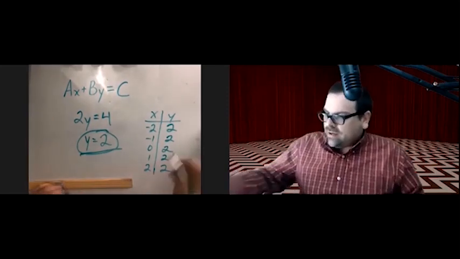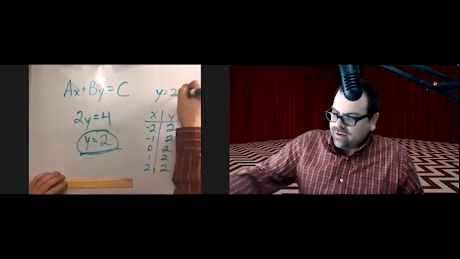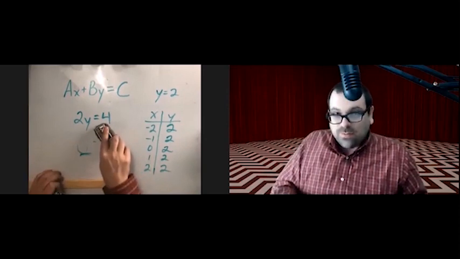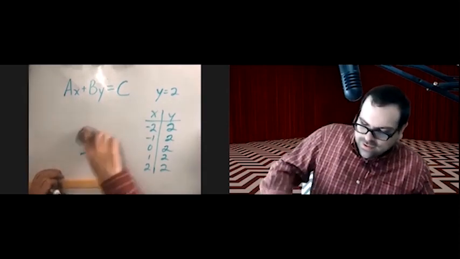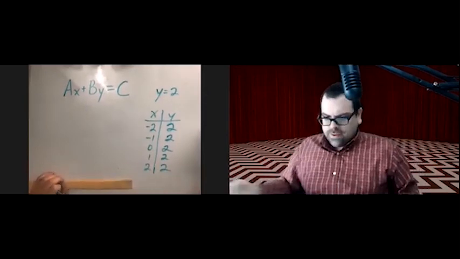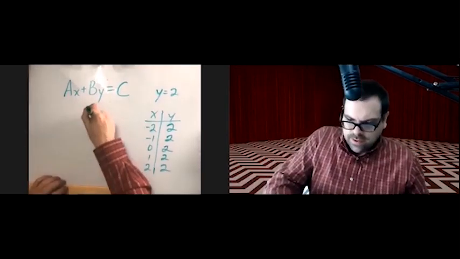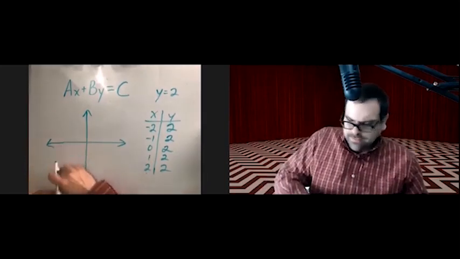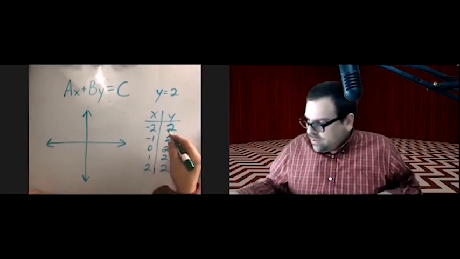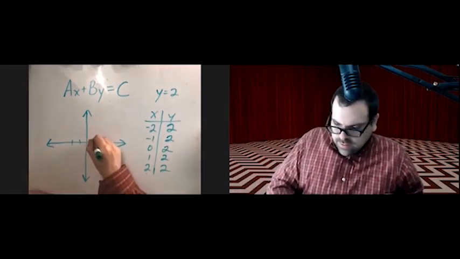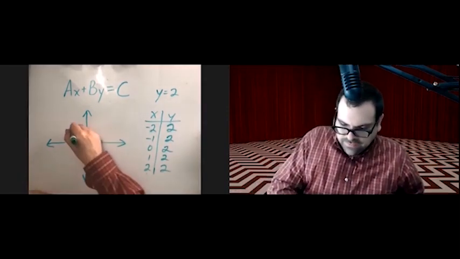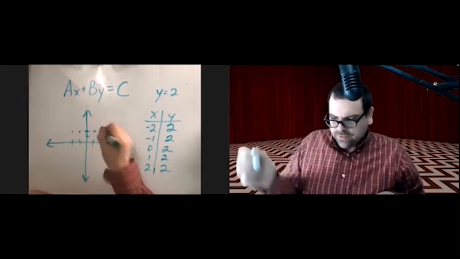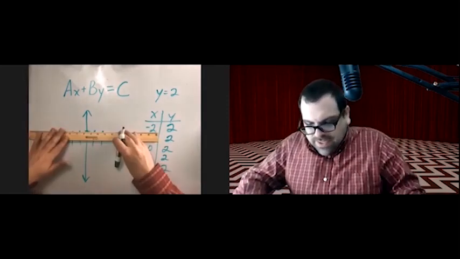Well, I wonder what this looks like. Here we're graphing 2y equals 4, which is essentially y equals 2. So if I'm graphing negative 2, 2, negative 1, 2, 0, 2, 1, 2, 2, 2, it is a line.